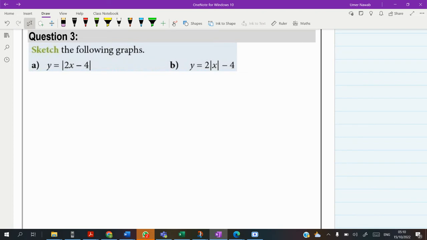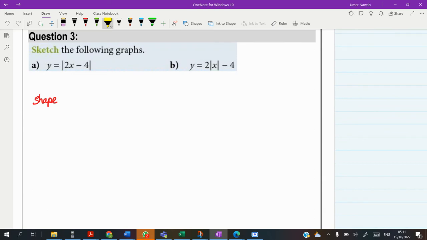Now we need to draw the sketches for absolute functions. To draw the absolute functions, we need vertex first. Before that, we need to know the shape. We all know that the absolute functions, when we try to draw their sketch, they look like V-shaped graph.